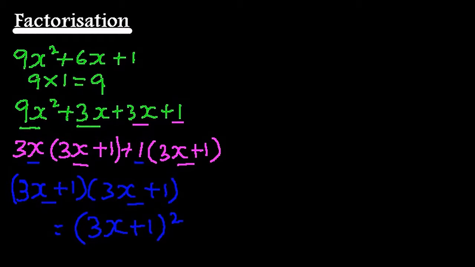We take another one, 2x squared plus 2x minus 4. So multiply 2 by minus 4, you get minus 8. Get two numbers such that when you add them, you get 2, and when you multiply them, you get minus 8.